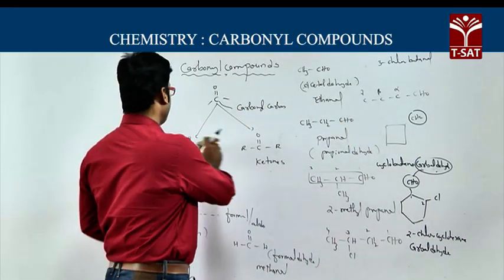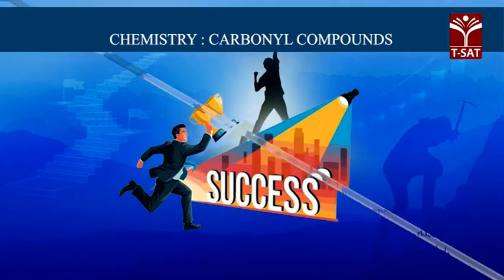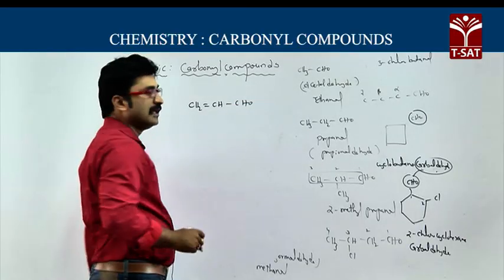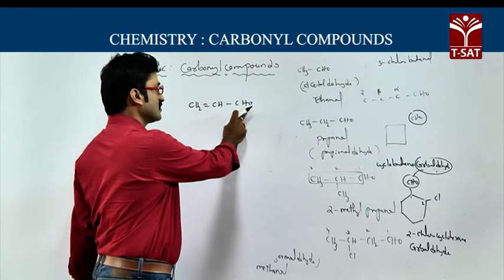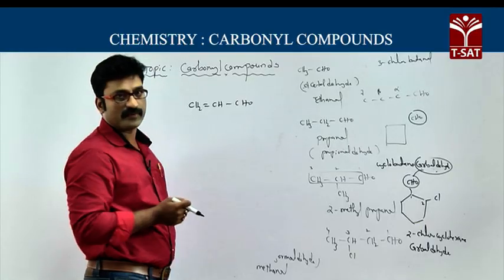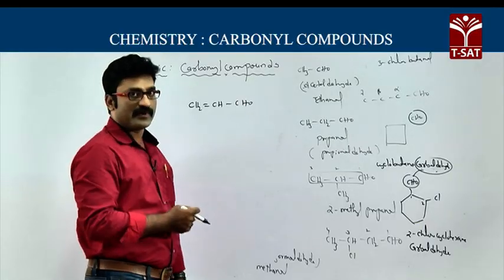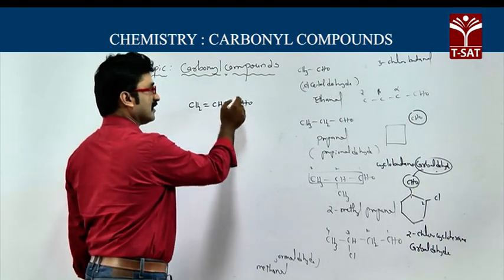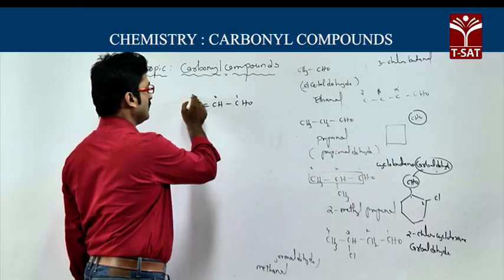Now we'll take a few more examples. Now I am taking CH2 double bond CH and CHO like this. Here it is having a functional group as well as a double bond. You know that whenever a double bond and a functional group are there, you should give importance to the functional group. So therefore here the numbering will be 1, 2, 3.